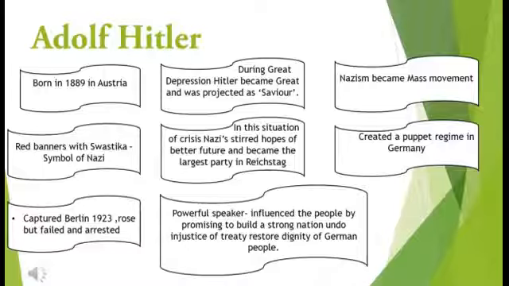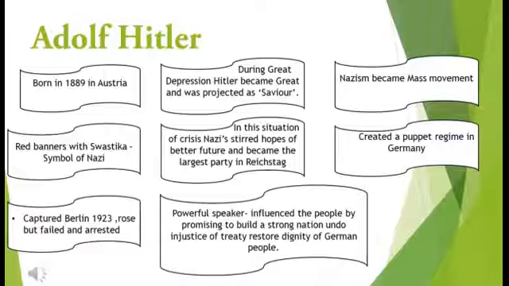In such a situation, Nazi propaganda stirred hopes of a better future. In 1928, the Nazi Party got no more than 2.6% votes in the Reichstag, the German parliament, but by 1932, it had become the largest party with 37% votes.